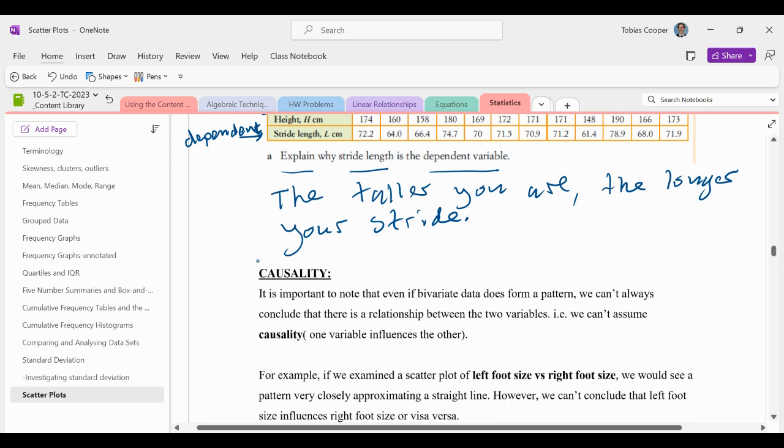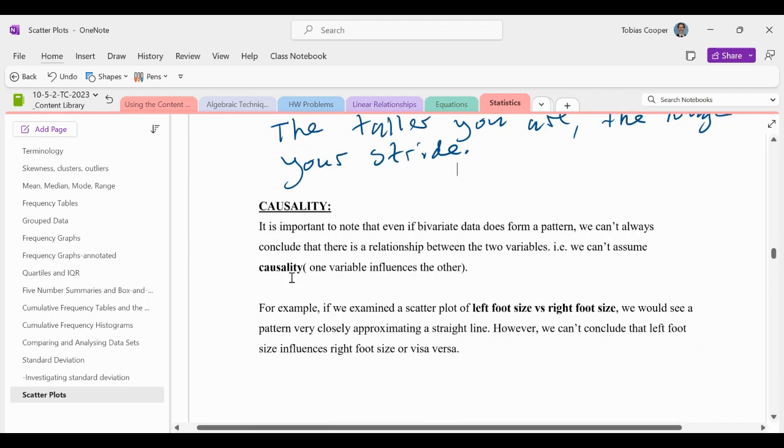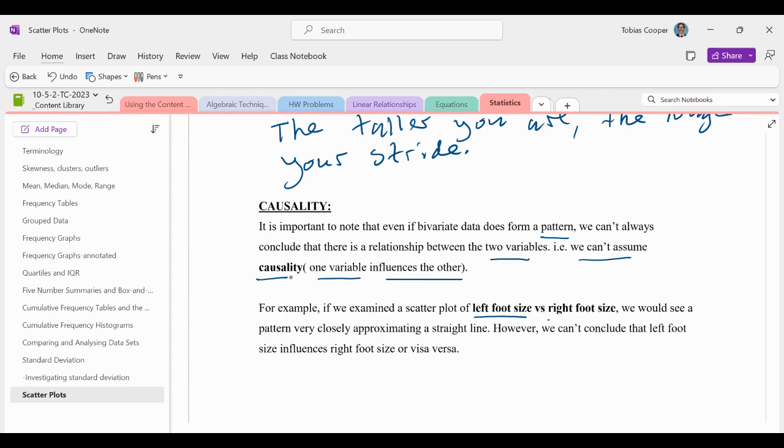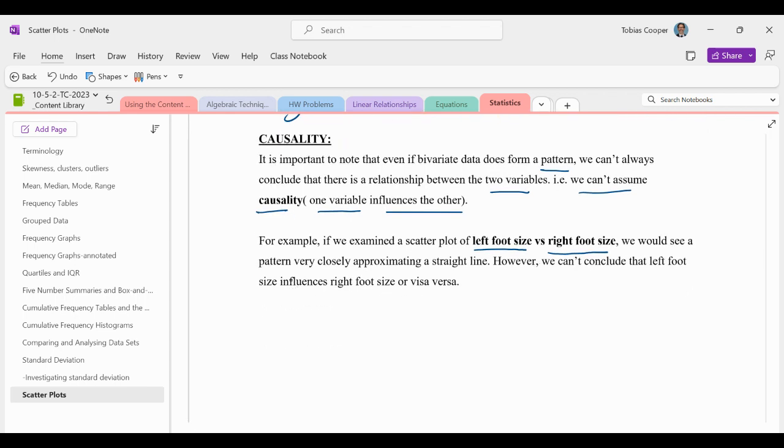Okay. Now let's have a look at something called causality. It is important to note that even if bivariate data does form a pattern, we can't always conclude that there is a relationship between the two variables. That means we can't assume causality. We can't assume that one variable influences the other variable. So for example, if we examined a scatter plot of left foot size versus right foot size, we would see a pattern closely approximating a straight line.